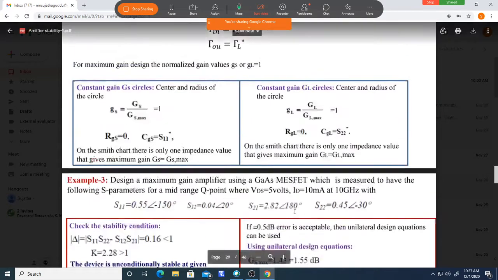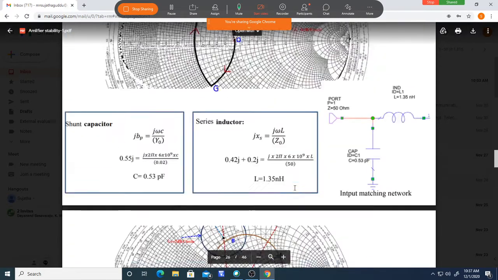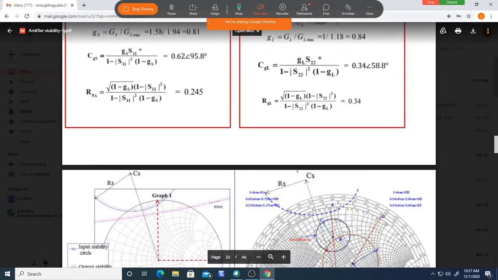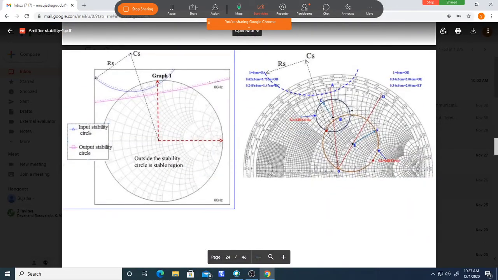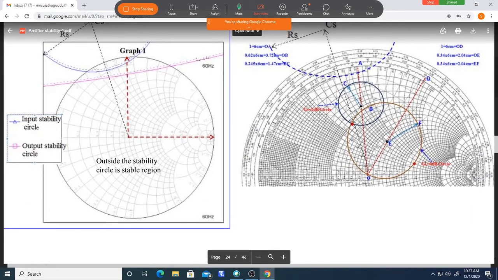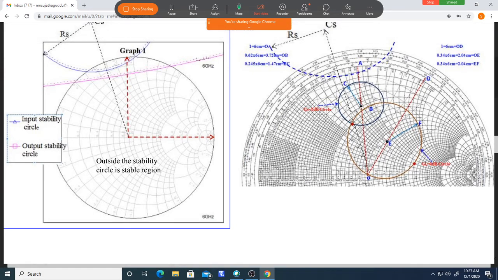Okay, see in the previous problem what we did: we drew circles, the input gain circle and the output. This is an input gain circle, we drew a 2 dB circle and this is a 0 dB circle. In the previous high gain amplifier problem, we drew the input gain circle, and you can take any one value over this.